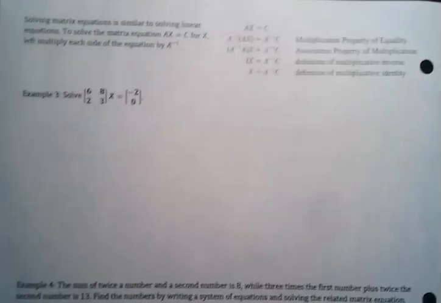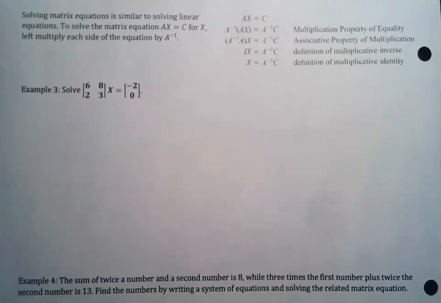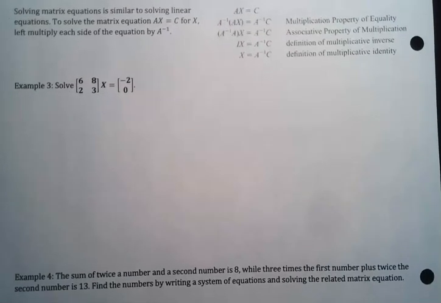Okay, next up. Solving matrix equations is similar to solving linear equations. To solve the matrix equation AX equals C for X, we're going to left multiply each side of the equation by the inverse of matrix A. It's the same thing as with a linear equation.